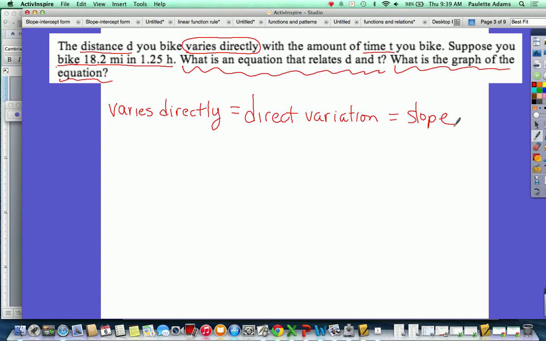What are the two things this problem is talking about? Time and distance. So one of them is going to be our independent, and the other one's going to be our dependent. So you are biking, and you have distance and time. How are they related? Is the total amount of distance dependent on your time, or is your time dependent on your distance?